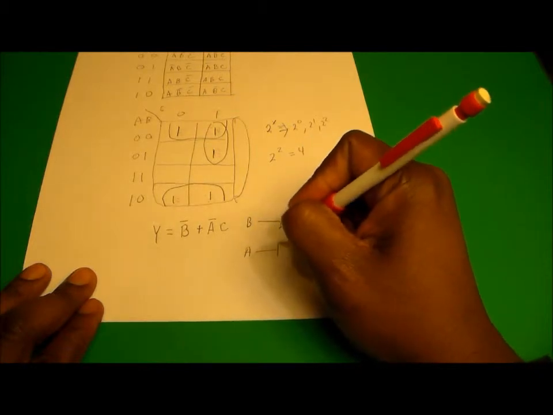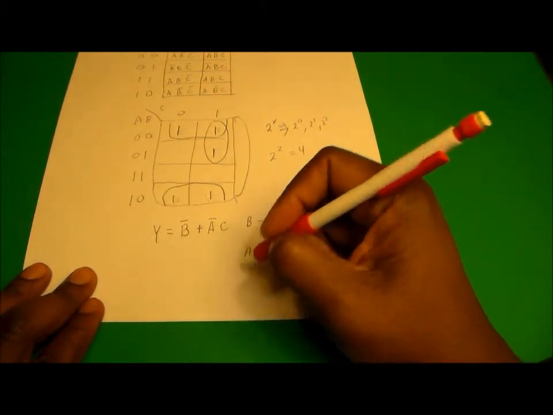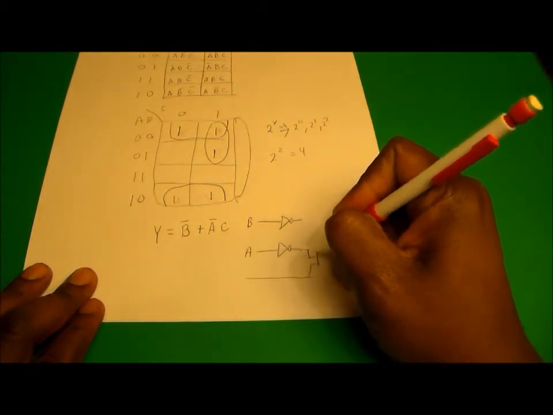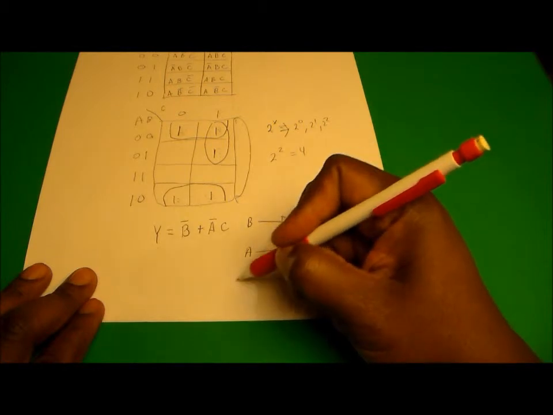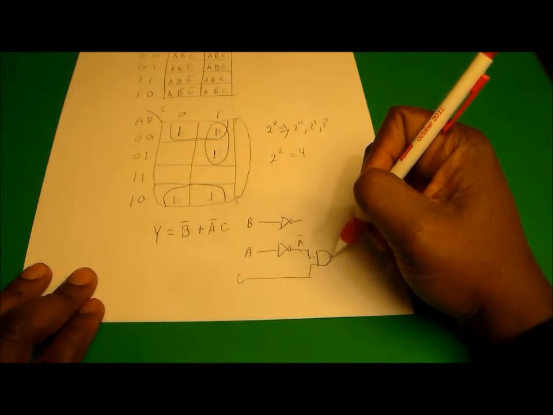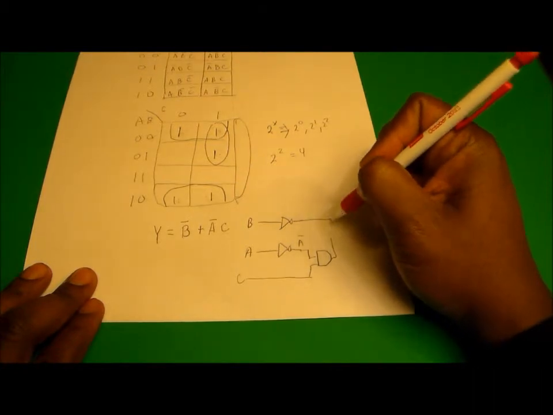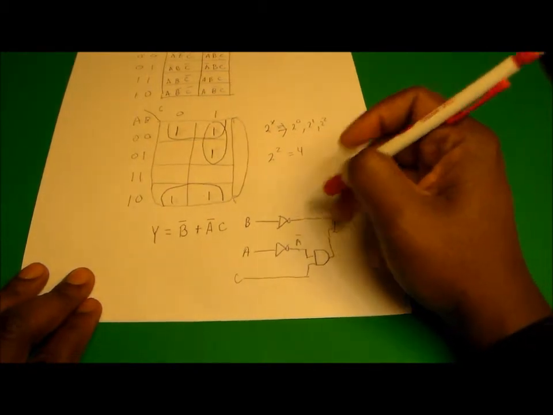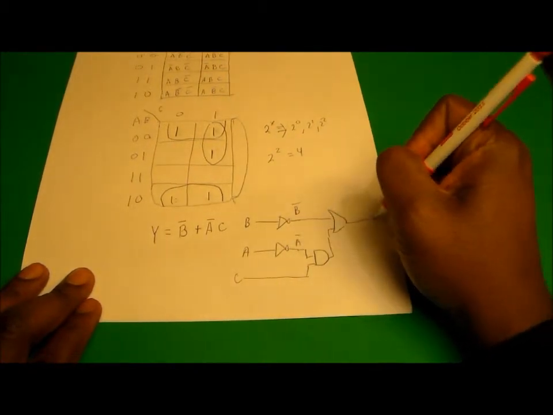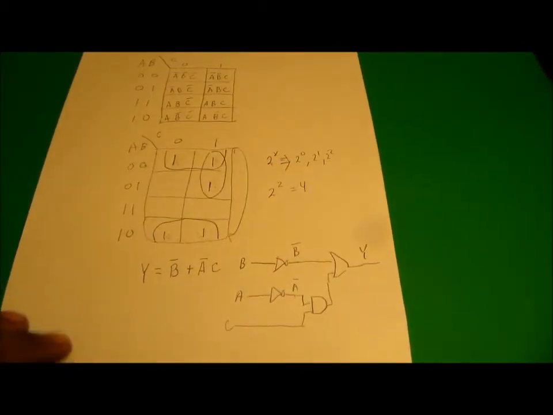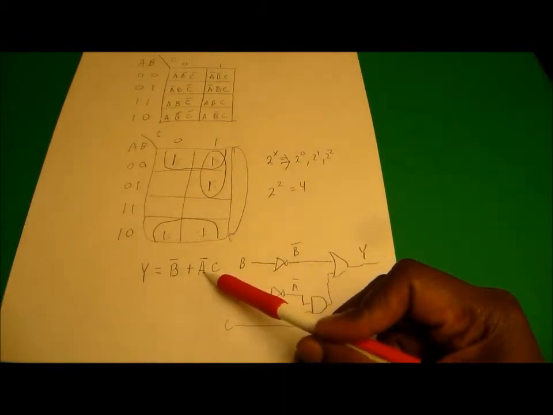We'll take A, we'll NOT that, and then we'll take C. We would AND A naught and C together, and then we'll OR that with B naught up here to give us our output of Y.